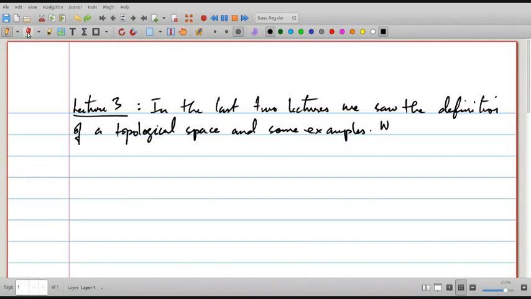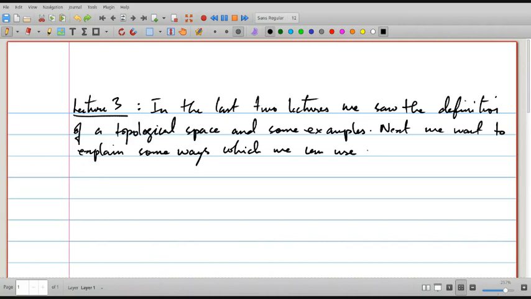Next, we want to explain some ways which we can use to define topologies on sets.